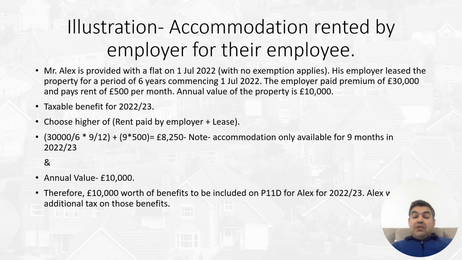This is an example here. Mr. Alex is provided with a flat. His employer leased the property for a period commencing. The employer paid a premium of 30,000 and pays rent of 500 per month. The annual value of the property is 10,000. So, the taxable benefit. In the past, some employers took advantage.